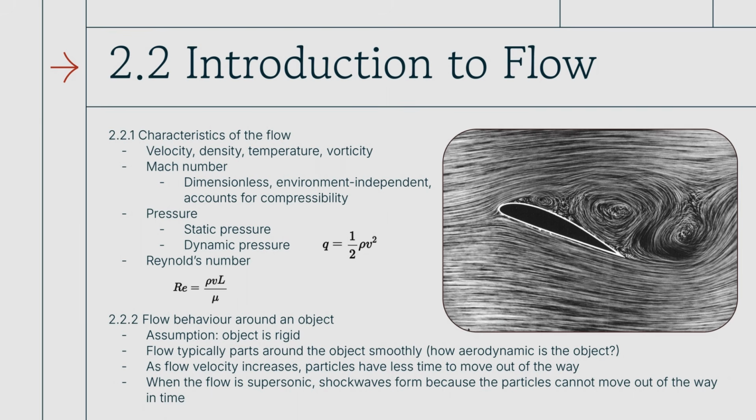If I perturb a flow, then there is a wave that is sent out. Similarly here, if I put an object in a flow, the particles approach the object, see the object, and can move out of the way. That's why in subsonic flow specifically, a lot of the objects are rounded, because it gives the flow a lot of ease in moving out of the way.